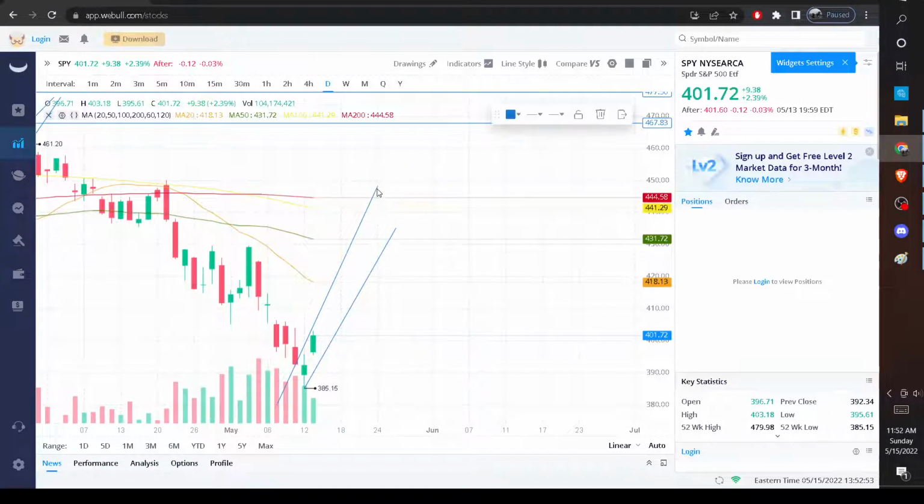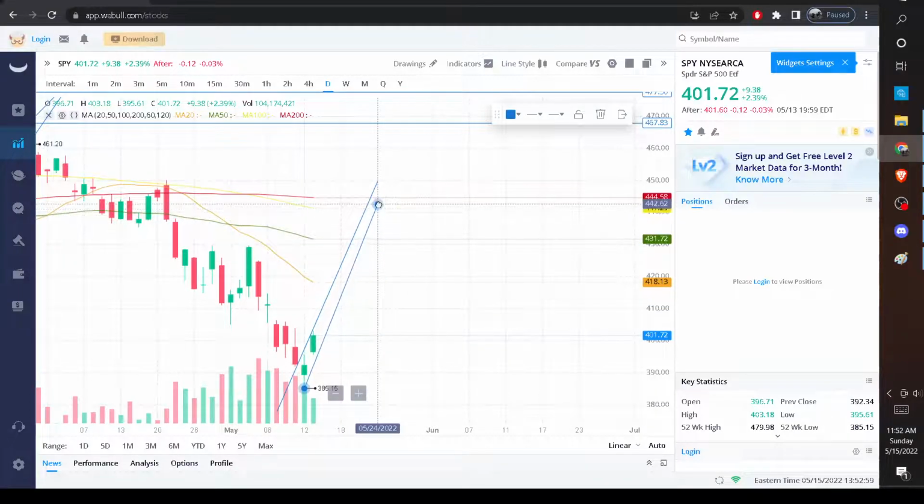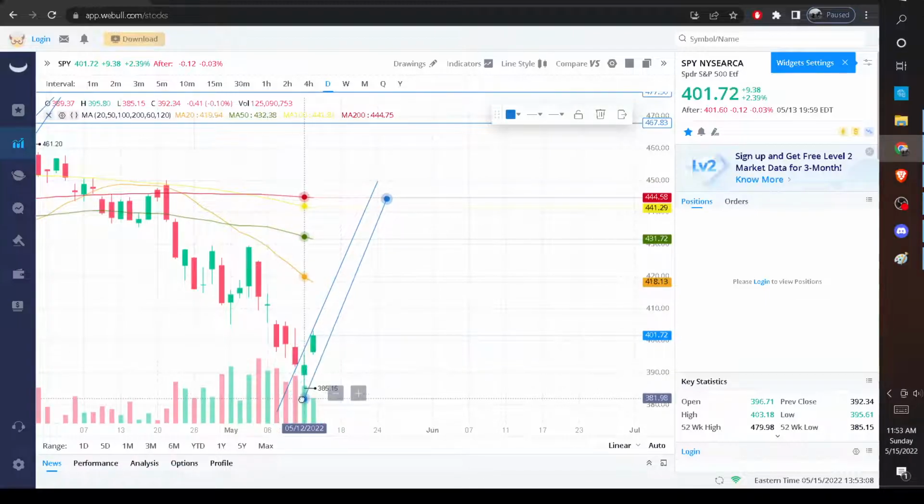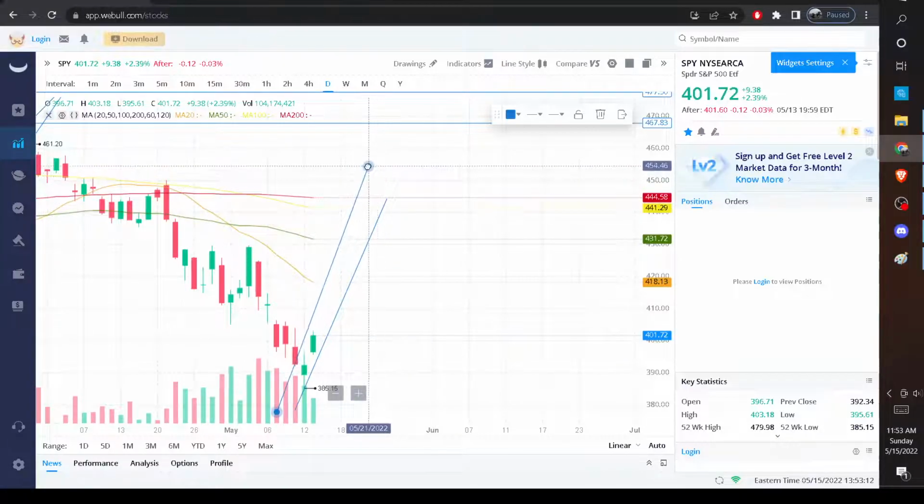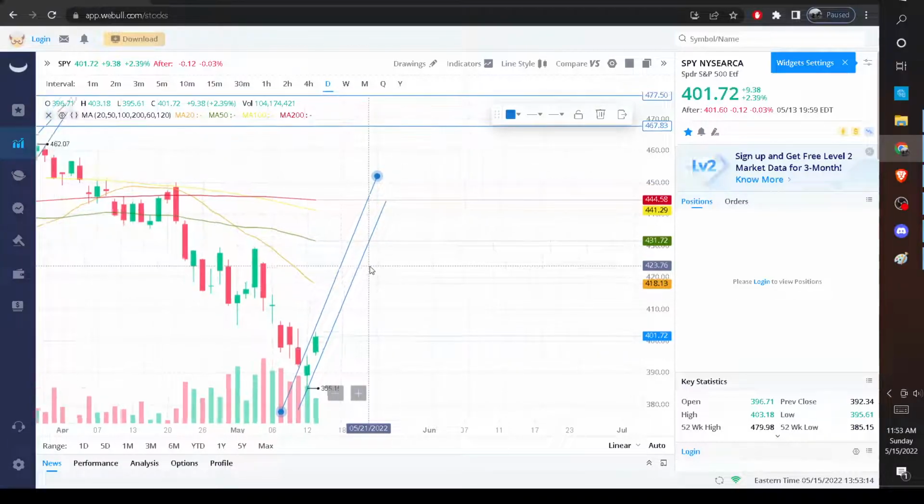So as of now, maybe we can move in a trend channel, maybe we can move in a wedge. So who knows, or maybe we break out of this trend channel and the pattern doesn't become as clear.